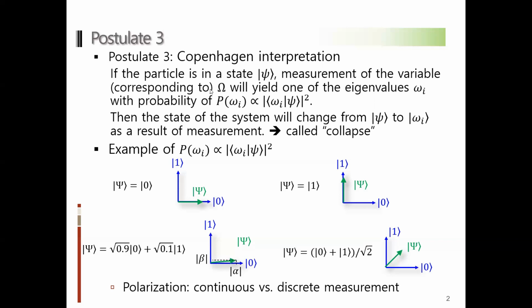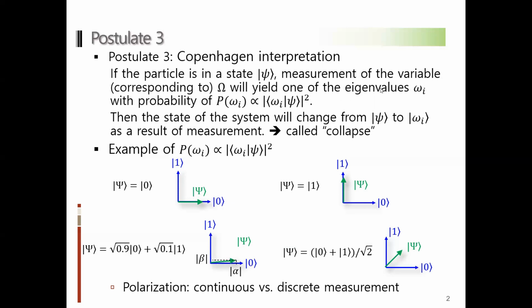Then there will be a corresponding Hermitian operator for the measurement of position, and that Hermitian operator will have eigenvectors and eigenvalues, and the measurement value can be only one of the eigenvalues, not any other values.